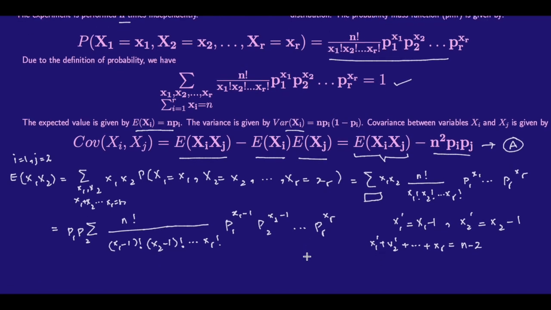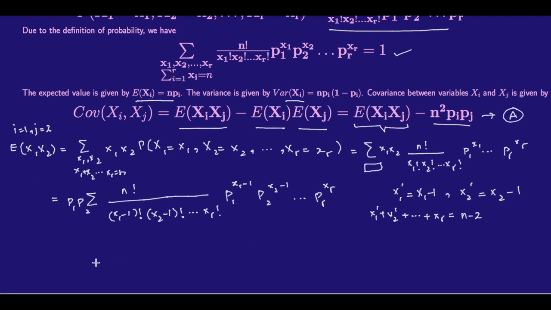Okay, so now let's continue with the change of variables. Now what do we have? We have p1, p2, and then x1 prime up to xr prime, where x1 prime plus x2 prime plus up to xr prime is equal to n minus 2.